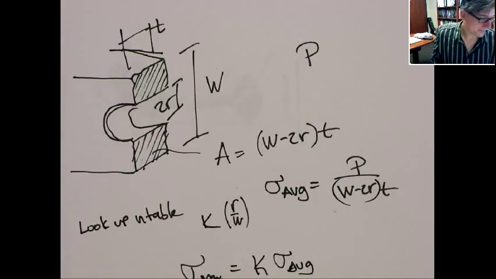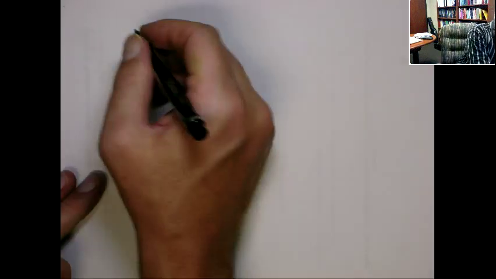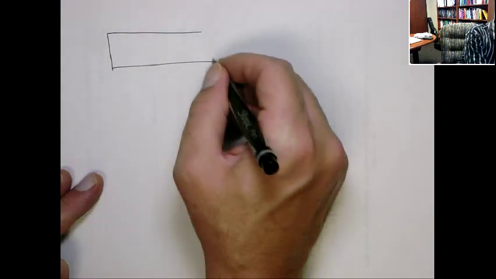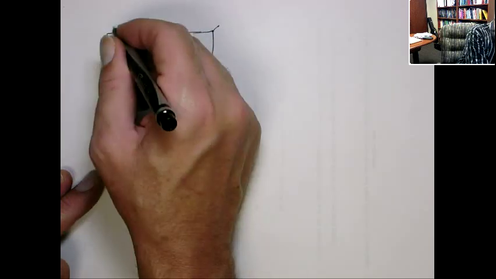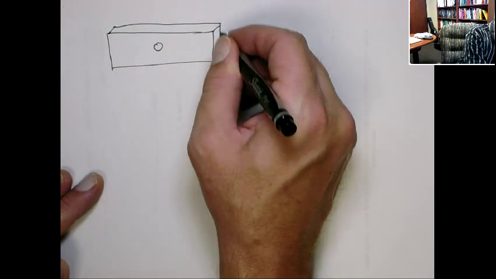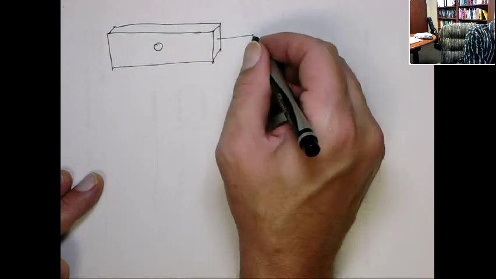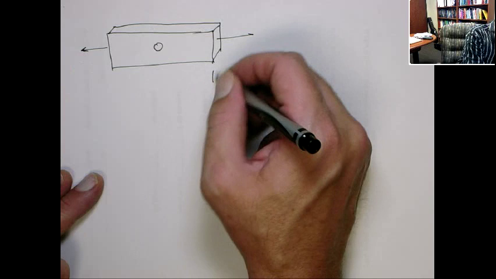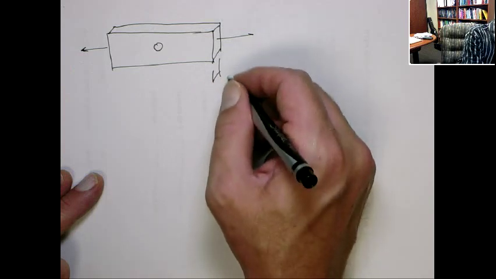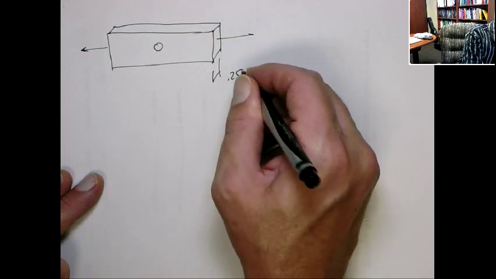So let's zoom out. Look at an example. I'm just making up some numbers, just to put some numbers in here. Let's say this has a thickness of 1/4 of an inch.